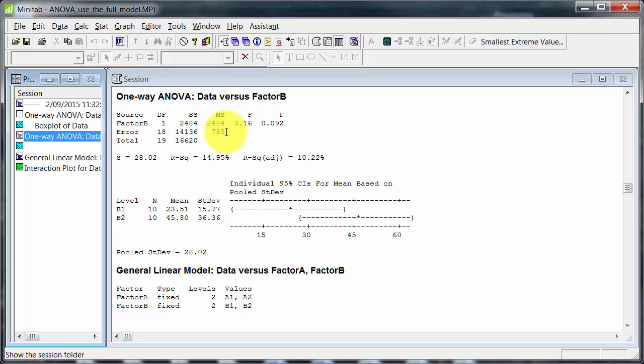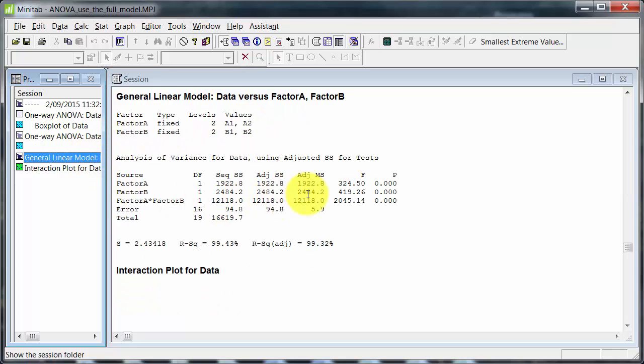That's because the error is error plus factor A variation plus A times B variation. And there's the variation for the interaction. It's very large, 12,000. In fact, it's far and away the largest source of variation in this particular analysis.